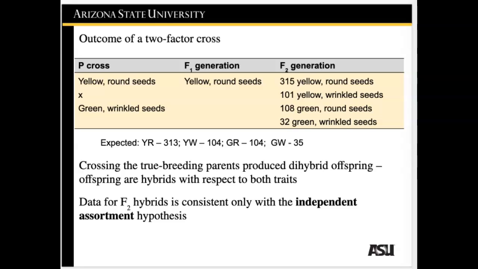In the F2 generation, if we find 315 yellow round seeds, 101 yellow wrinkled seeds, 108 green round seeds, and 32 green wrinkled seeds, in order to determine if these genes assort independently, we first total all the seeds. We then multiply the total times 9 out of 16 to determine the expected number of dominant seeds.